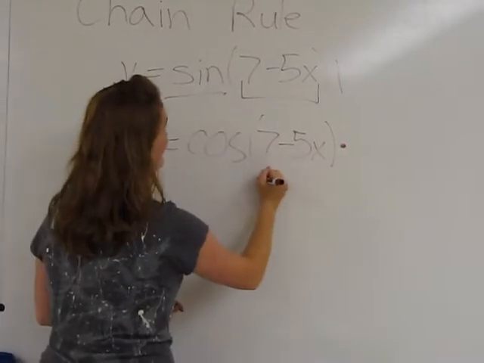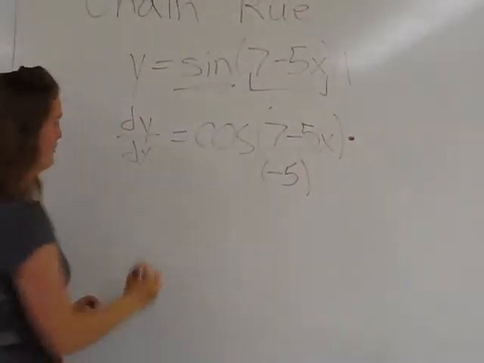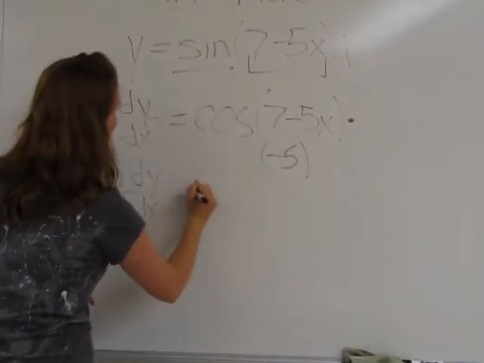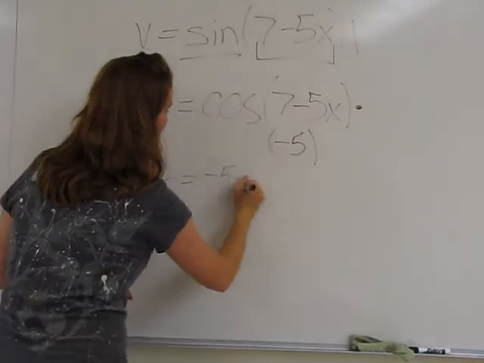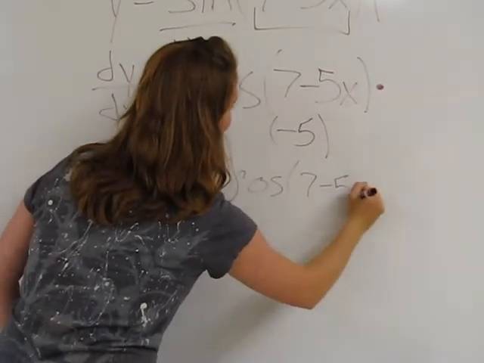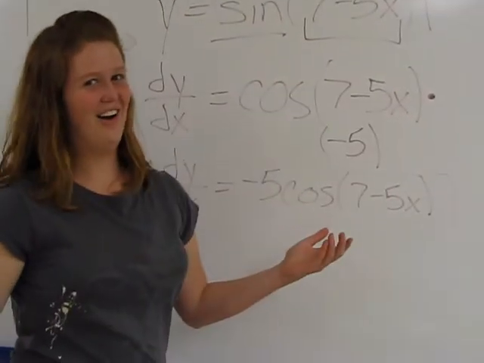The derivative of 7 minus 5x is negative 5. Therefore, the derivative of this equation is negative 5 cosine of 7 minus 5x. Now that wasn't so hard.